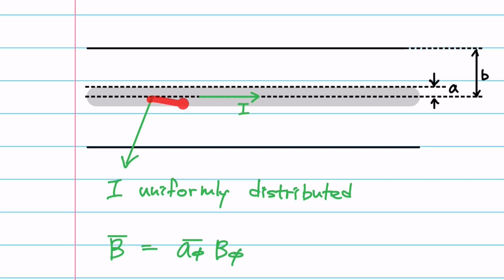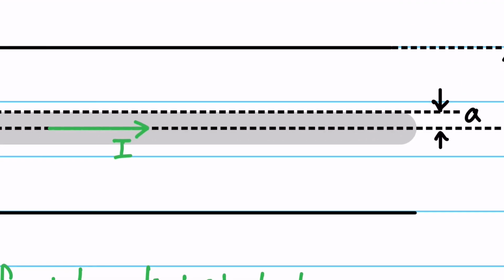As the current is flowing, the B field will be generated like this. But if you look closely, a thin amount of current is flowing at the very center, and also there is some current flowing off center of this central conductor.